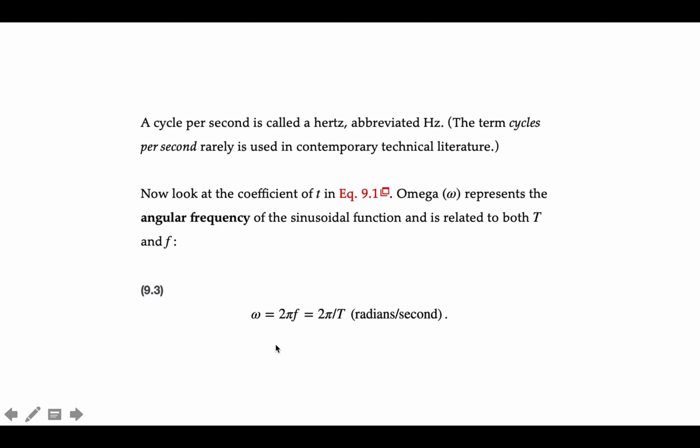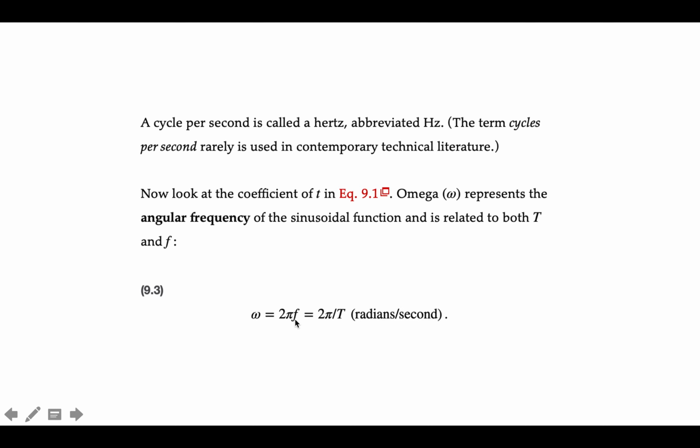Now, omega represents what is referred to as the angular frequency of the sinusoidal function, and it's related to both the frequency f and the period T. The relationship is that if f is cycles per second, there are 2 pi radians per cycle. So if we take 2 pi f, we'll get the units of radians per second.